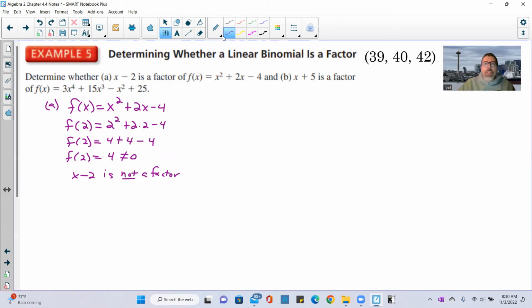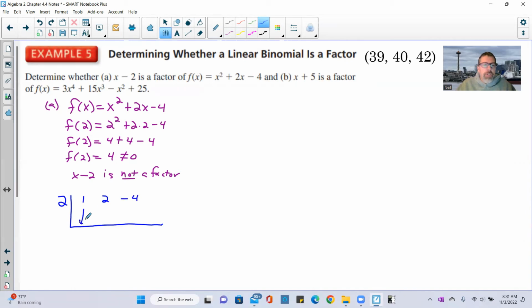Okay, so that's one way to do it. The other way you can do it is by synthetic division. So I'm going to do it again with synthetic division. So if I have x minus 2, k is 2, which would mean I'd put a 2 here and draw this and put my leading coefficients of 1, 2, and negative 4 right here.